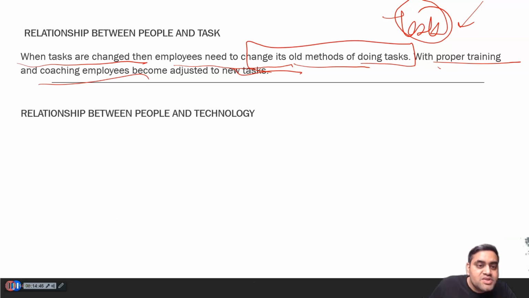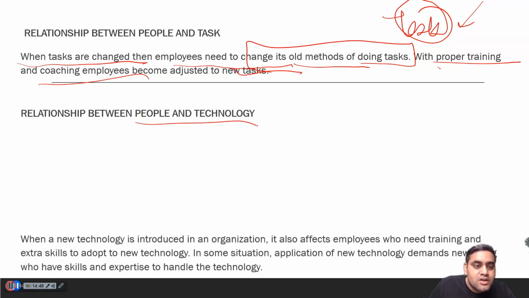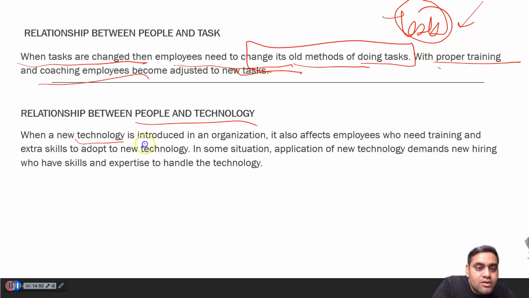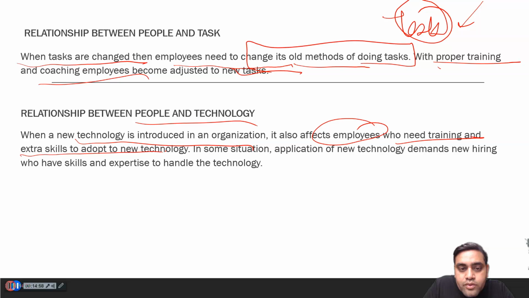The second important relationship is the relationship between people and technology. If any new technology comes up in the organization, again the employee will need training and skills to adapt to that new technology. Most of the time, the application of this new technology will also bring in new hiring of people, and that may lead to certain people leaving the organization.